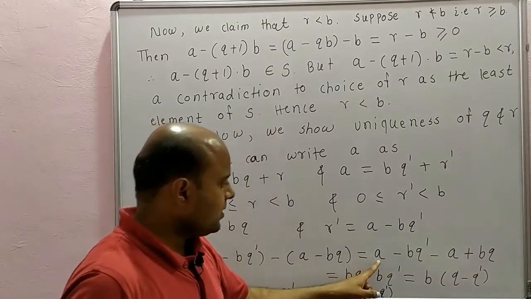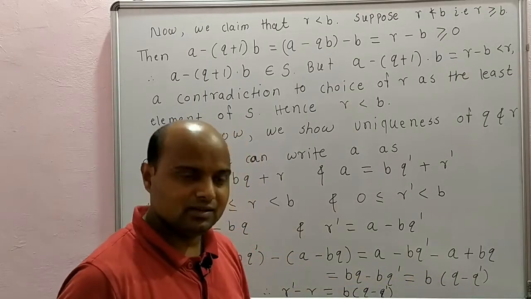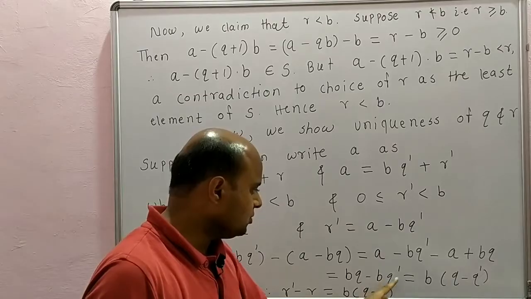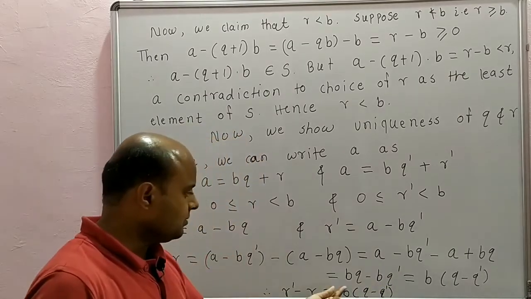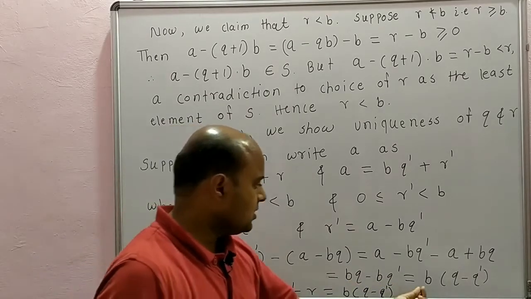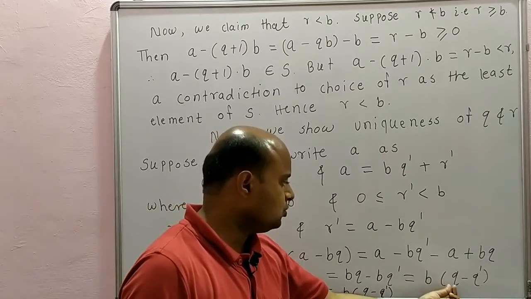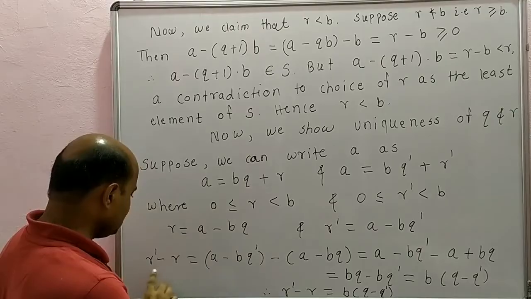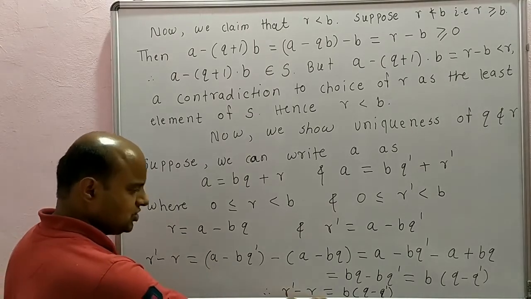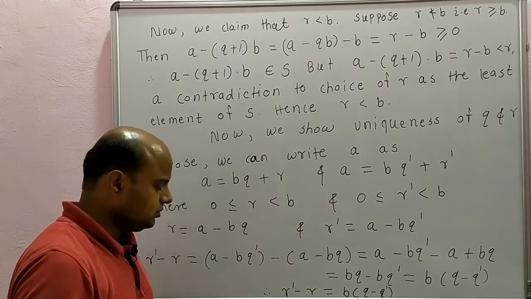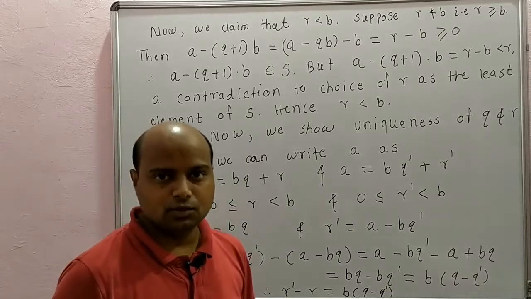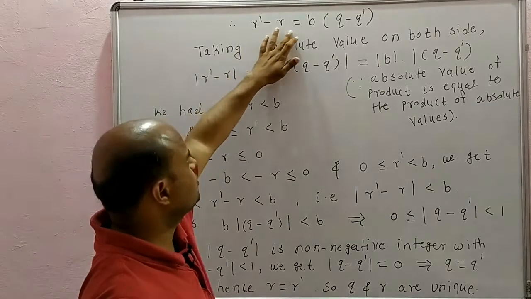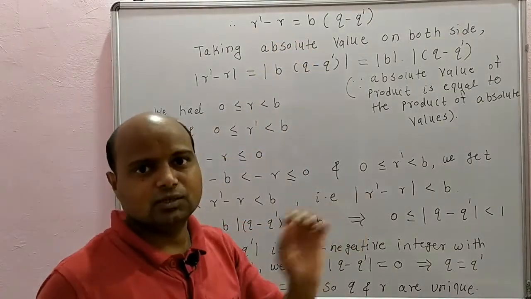Here A and −A get cancelled, so we have BQ − BQ'. Now we take B common, so we have B(Q − Q'). Hence R' − R = B(Q − Q').